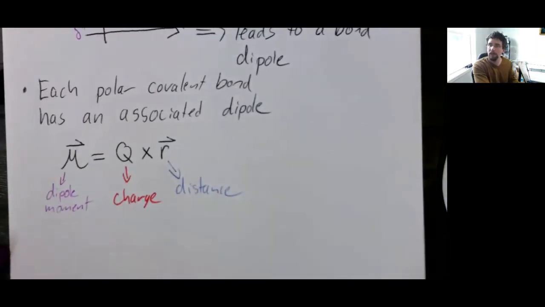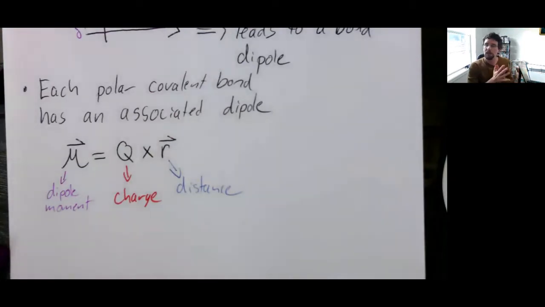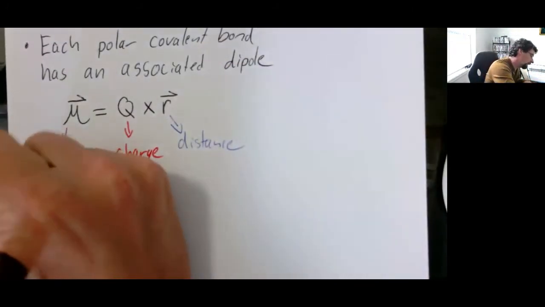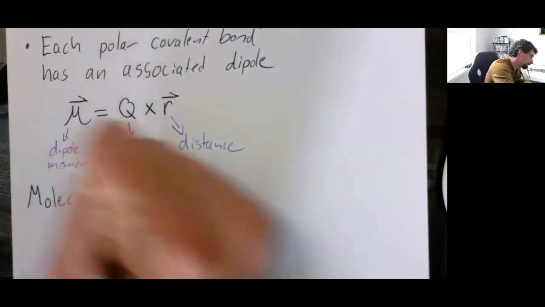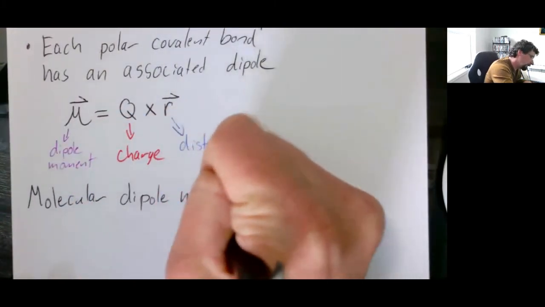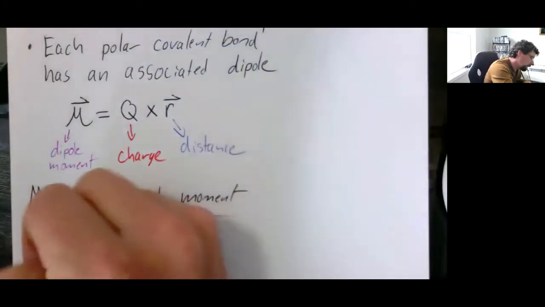Now, how do we factor this in? So a molecule can have many bond dipoles. To get the overall dipole moment, what we have to do is add up all these vectors and see what happens. And this is known as the molecular dipole moment.